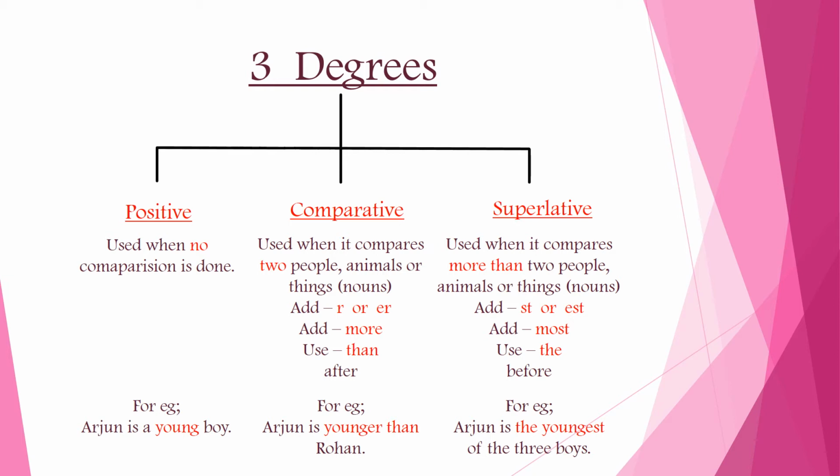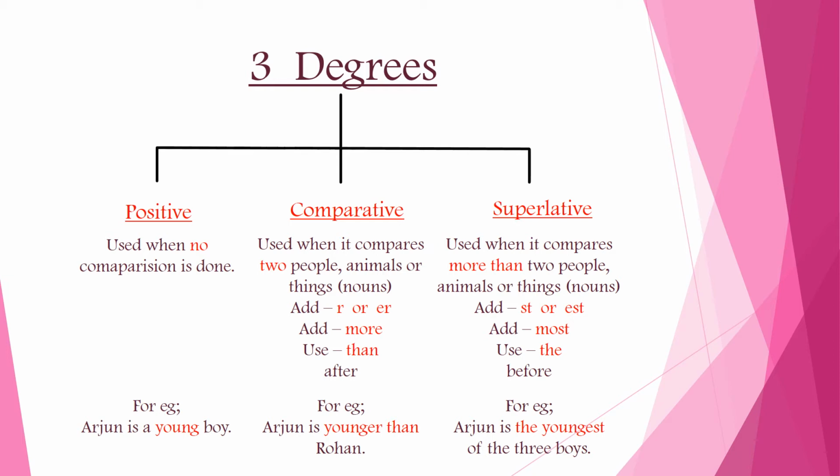If I am not able to convert the adjective by adding st or est, I use the word most before it. But if my word is able to convert into st or est, then I do not use the word most.